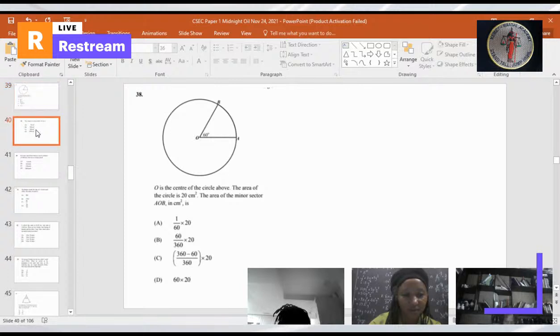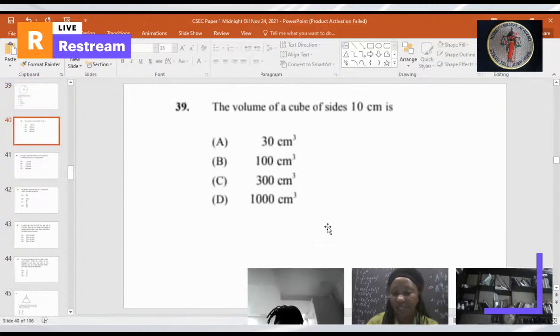They're wicked, you know. All right, Drayshawn, 39. The volume of a cube of sides 10 centimeters is, so the volume is 10 centimeters times 10 centimeters times 10 centimeters. 10 times 10 is 100, so 1,000 centimeters cubed, which is D. Correct.